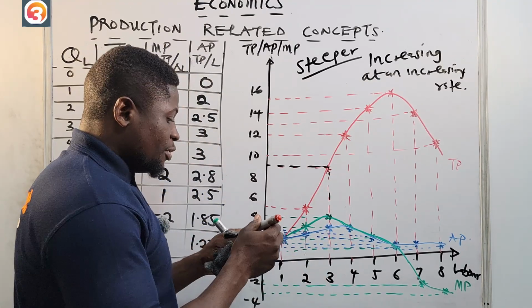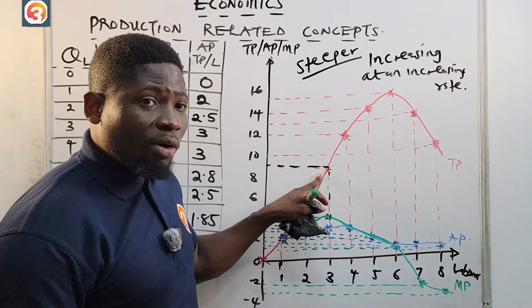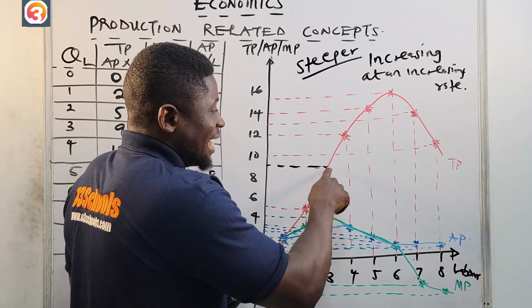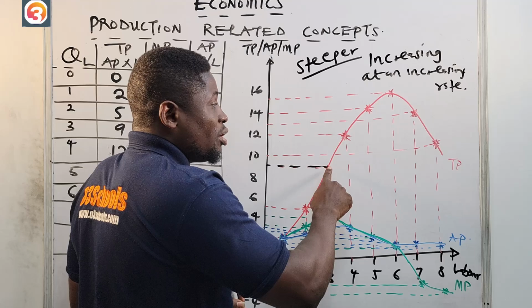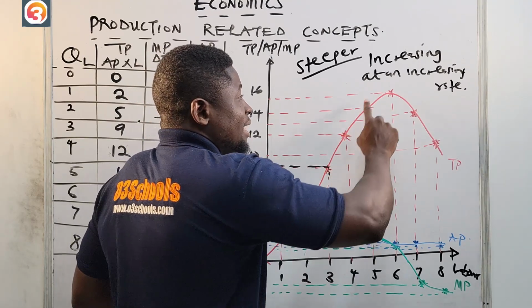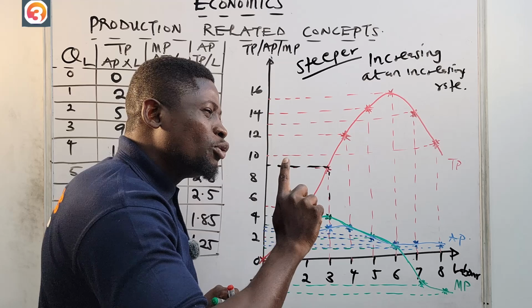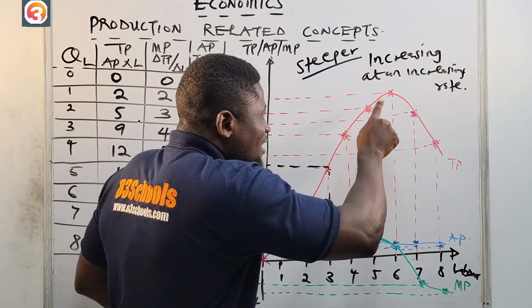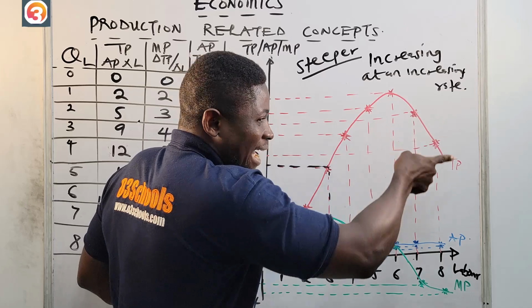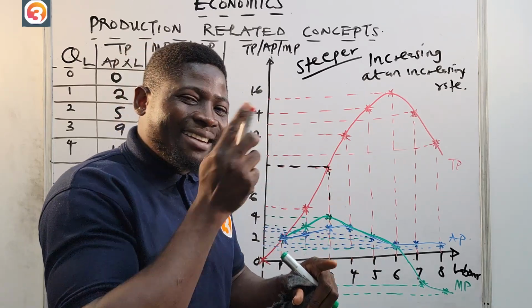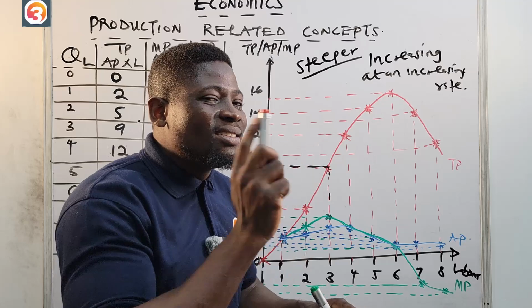Now, beyond the 3 workers, as you are getting to the 4th worker, you will discover that the TP curve is still increasing, but it has begun to decline. That's when we say it is increasing, but at a decreasing rate.